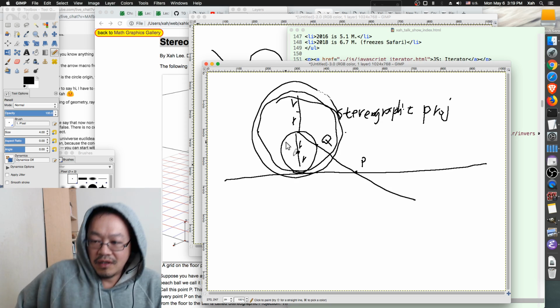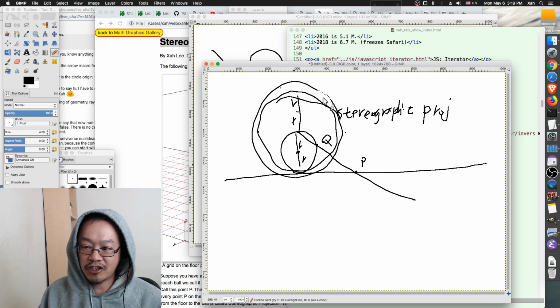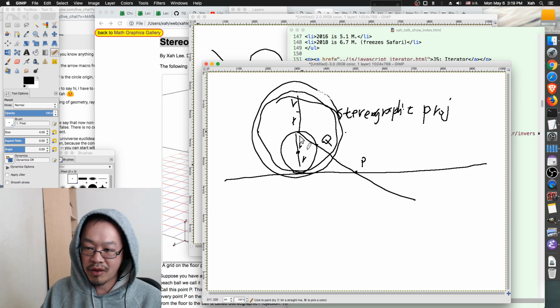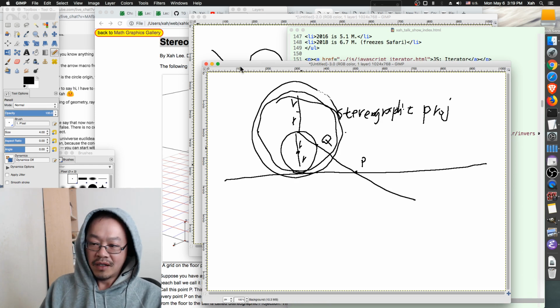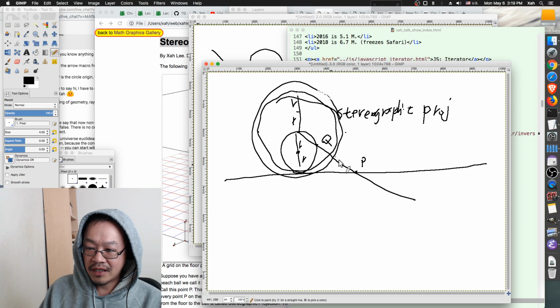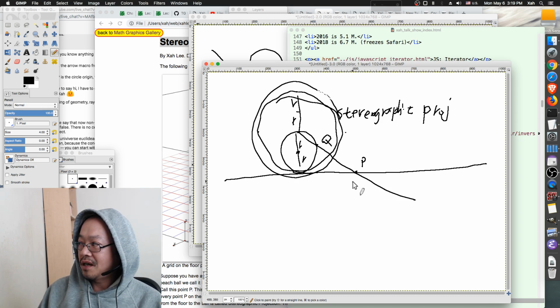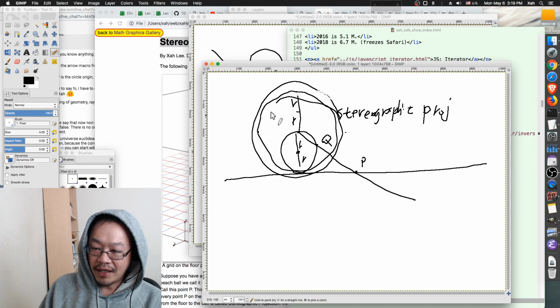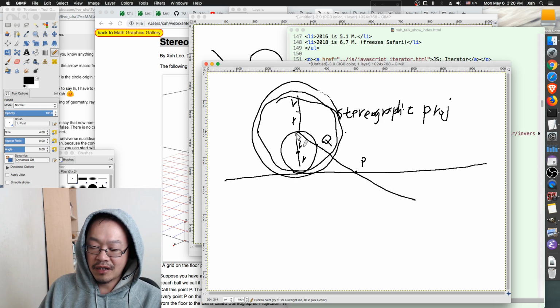The larger sphere is centered on the North Pole. So we have this large circle centered on the North Pole with radius of 2R.